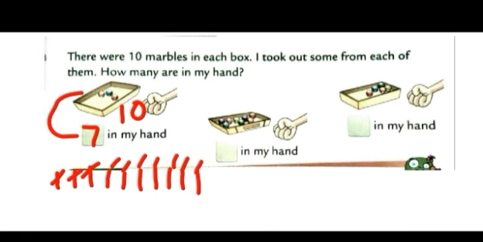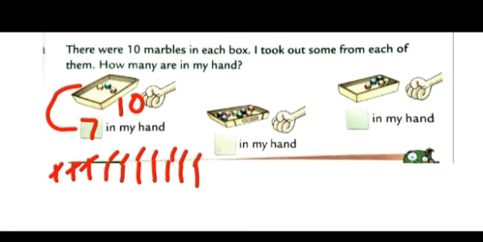Now see the next one. Total 10 marbles were there in the box. Now how many are in my hand? To know this, first we need to see how many are in the box. 1, 2, 3, 4, 5, 6, 7, 8. 8 marbles are in the box.